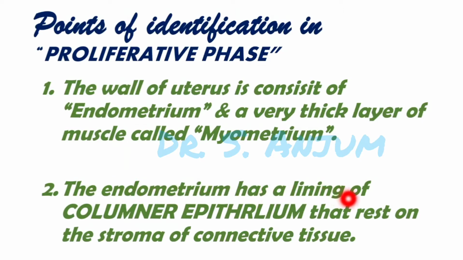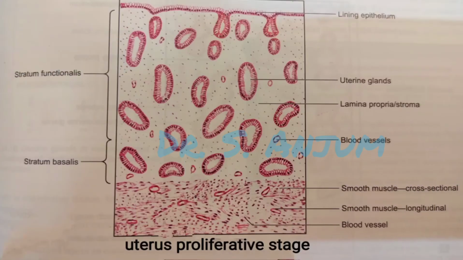The endometrium has a lining of columnar epithelium that rests on stroma of connective tissue. So here you can see it is the muscle layer, and above the muscle layer there is the endometrial layer.